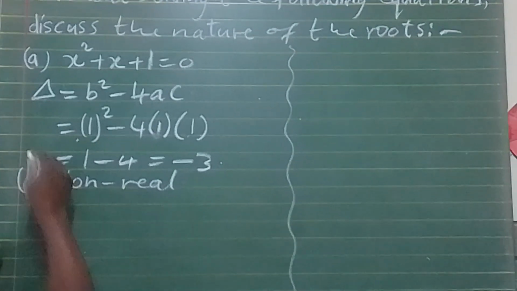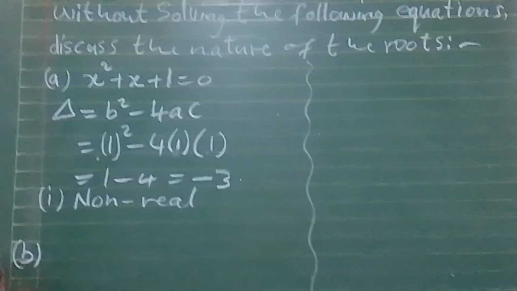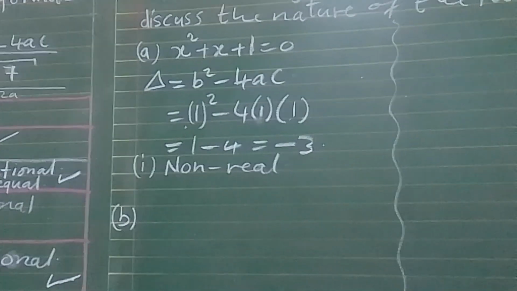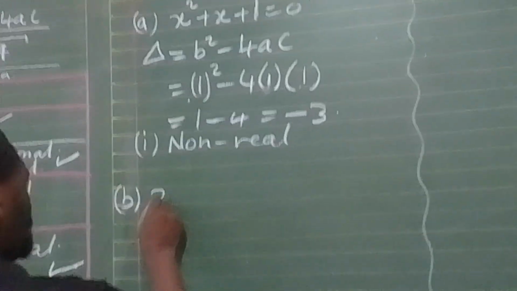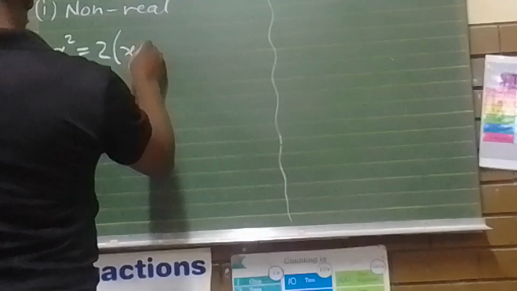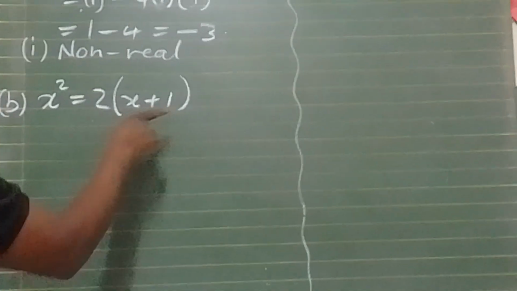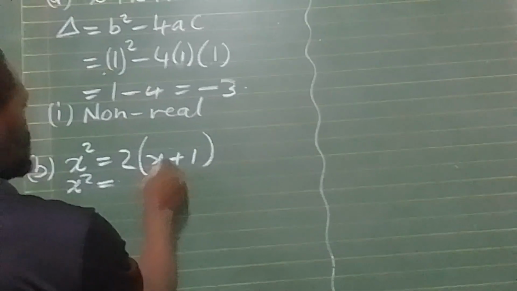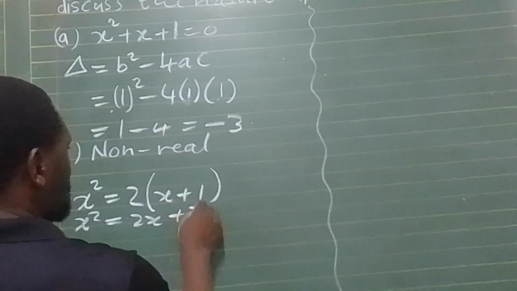So let's grab number 2, just to give you a glimpse of what is happening. X squared is equal to 2 into x plus 1. Here you have to rearrange, which is 2x plus 2.